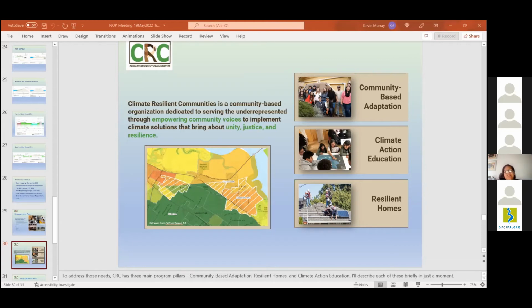Through these teams, we work together with community leaders, faith-based leaders, our youth, and other community-based organizations in partnership to create programs to address capacity building needs that will allow our communities to plan and prepare for climate change. Next slide, please.